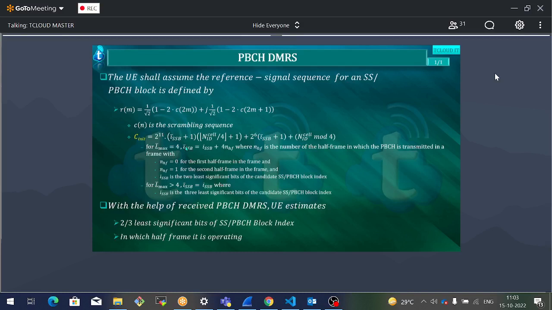But if it is equal to 4, you need this NHF also, first half or second half of the frame. So place these values in here and calculate the CINIT. Once the CINIT is available, the mobile can generate the scrambling sequence.